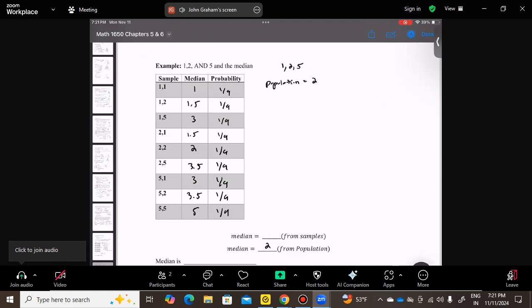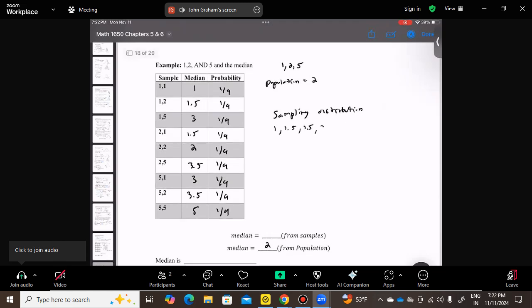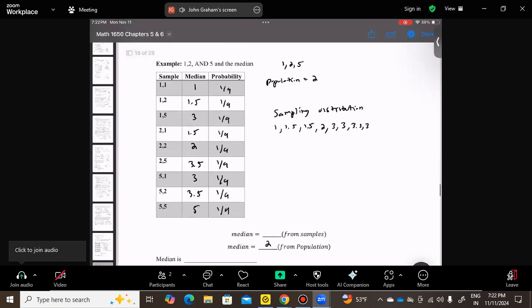So this is your sampling distribution. So we're going to write this out in an ordered data set. So we're going to look at the sampling distribution: 1, 1.5, 1.5, 2, 3, and 3, 3.5 twice, and 5. 1, 2, 3, 4, 5, 6, 7, 8, 9.